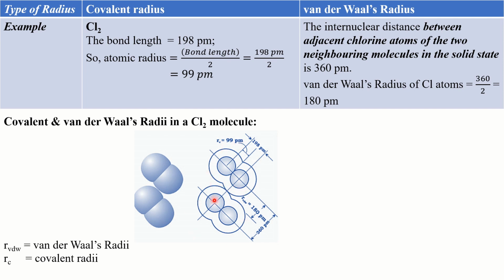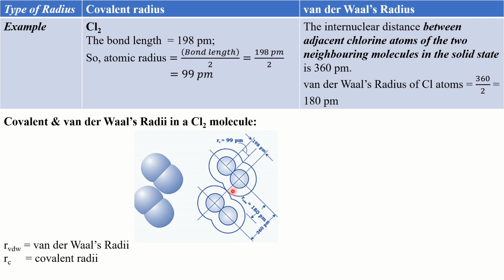Now, the distance between the centers of the nuclei of two adjacent chlorine atoms belonging to two neighboring chlorine molecules is 360 picometers. Therefore, if you divide this by 2, you get 180 picometers, which gives the value of the van der Waals radius RVDW of the chlorine atom. So this is how you calculate the different types of radii.